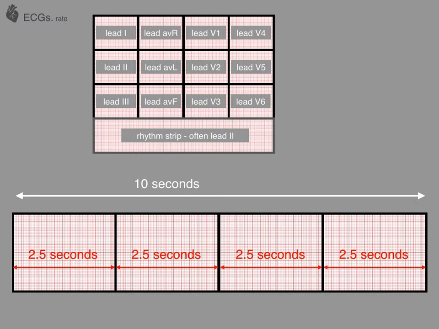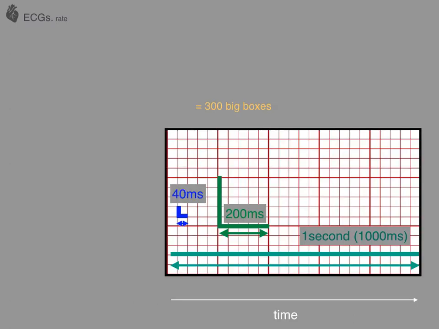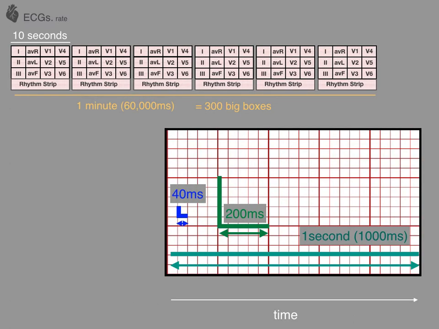When thinking about rate, however, we tend to look at the rhythm strip rather than individual leads added together. As each ECG records for 10 seconds, if we recorded 6 ECGs continually, this would add up to 60 seconds or 1 minute.